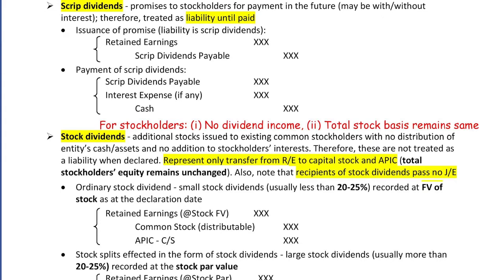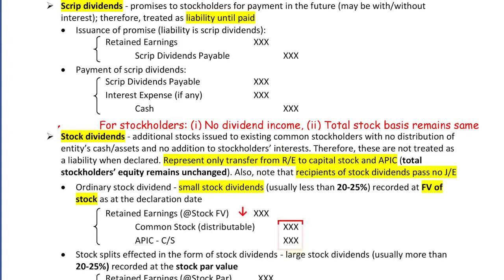Now for the company issuing stock dividends, if it's an ordinary stock dividend, small stock dividends, that's usually less than 20 to 25%, they are recorded at the fair market value of the stock. So the debit is to retained earnings, which goes down, downward arrow. The credit is to common stock and APIC common stock.